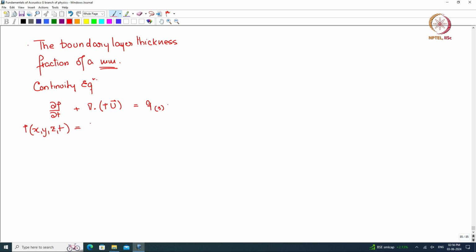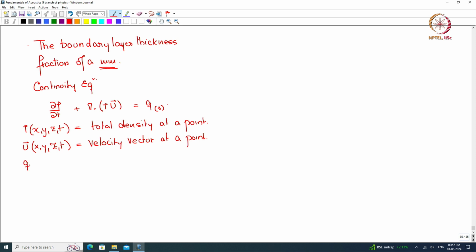This is the total density at a point, and the capital U of x comma y comma z comma t is the velocity vector at a point in the fluid.